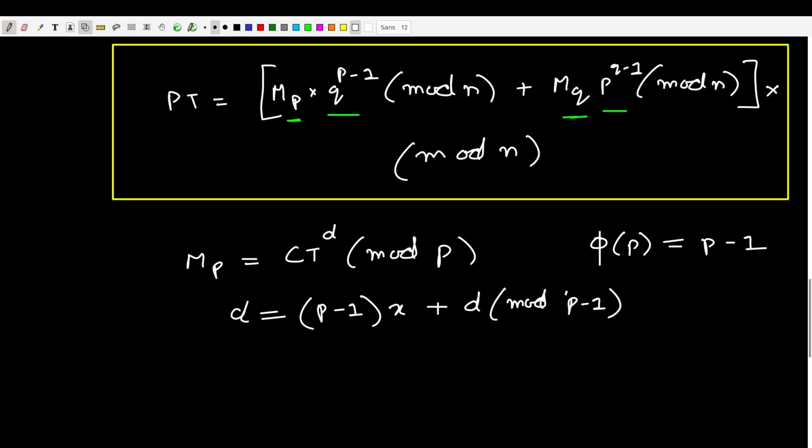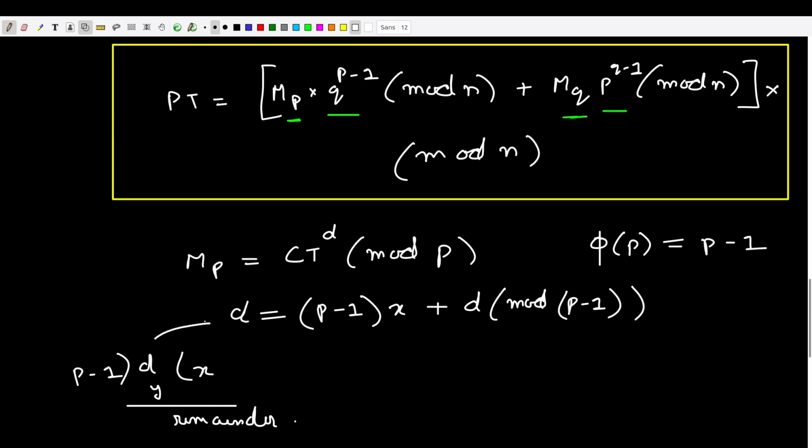So basically what I am doing here is that there is d, I am dividing it using p minus 1. So it goes x times, and then we got some remainder here, right?